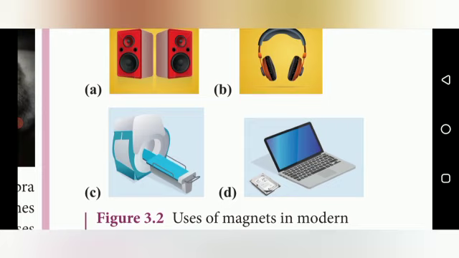And also laptops, SIM cards, ATM cards, pen drives. Like that, there are a lot of uses of magnets. In our day-to-day life, without magnets we could not have made a modern life. That's why they are used so much.